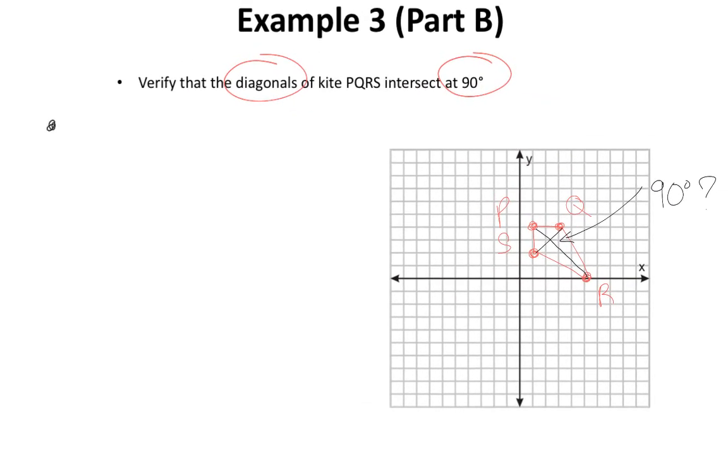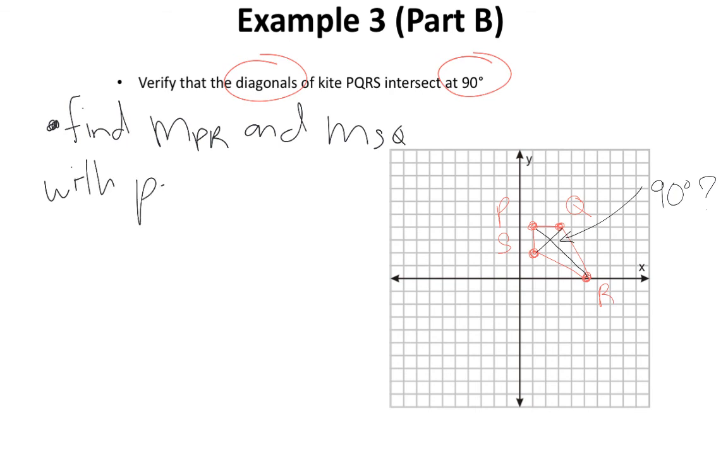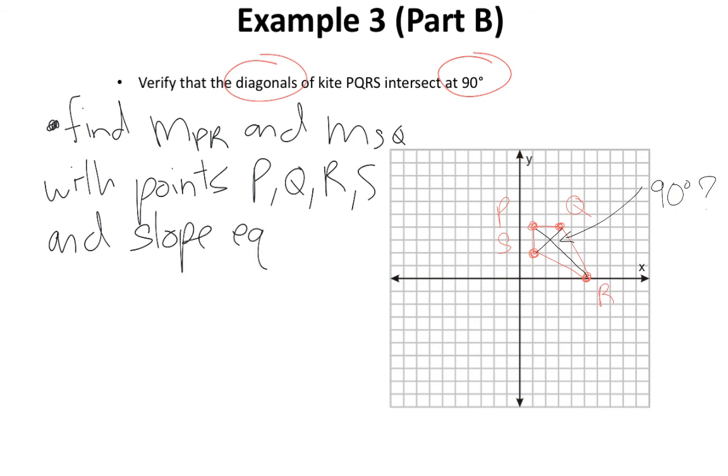In a very first step, I want to find the slope of PR and the slope of SQ with the points we've been given. So P, Q, R, S, and the slope equation.